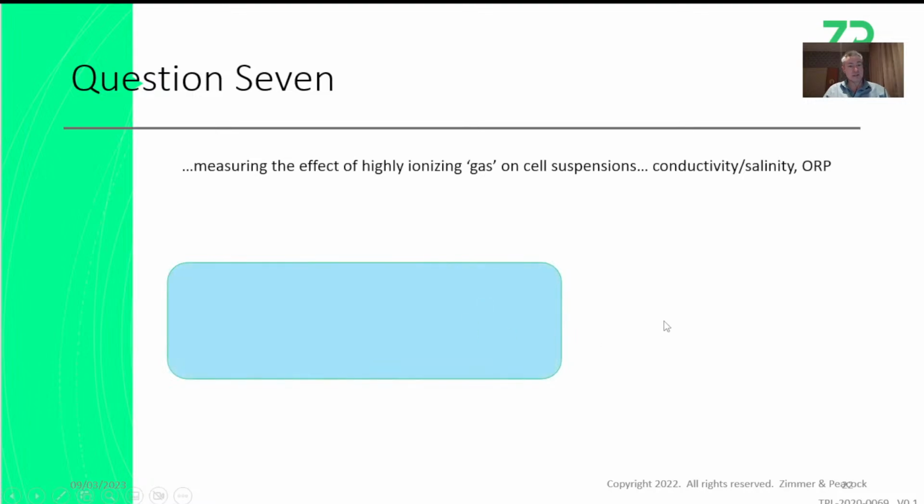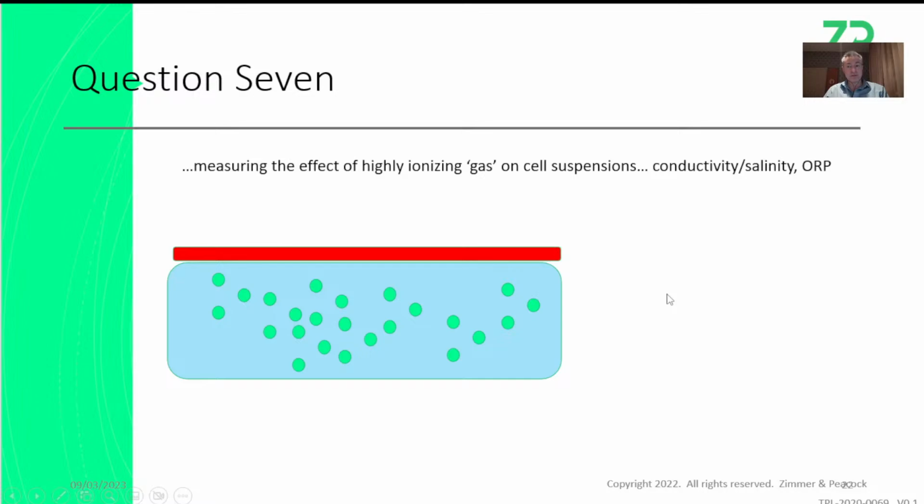So I'm imagining some sort of culture of cells, or solution of cells, or reactor of cells, and above it is brought an ionizing gas, and that ionizing gas may be able to, I think it will, change the oxidation potential of the solution. So that's the kind of thesis. Now, how do we measure that is the question.